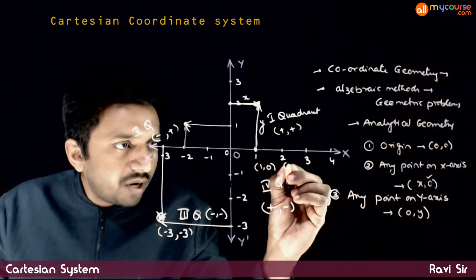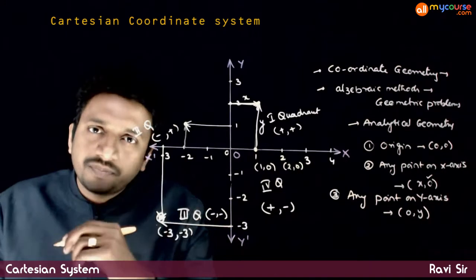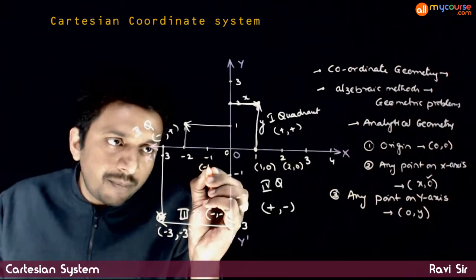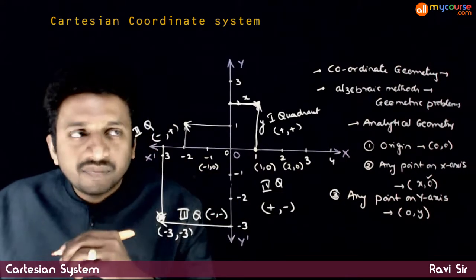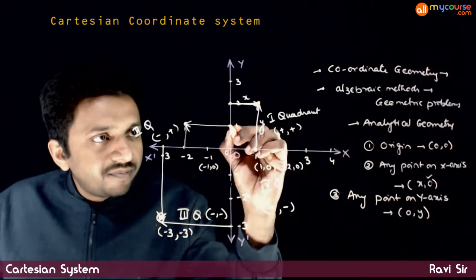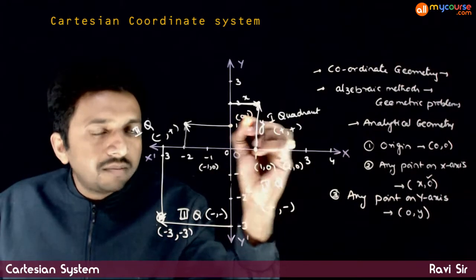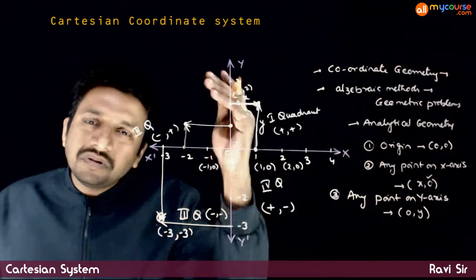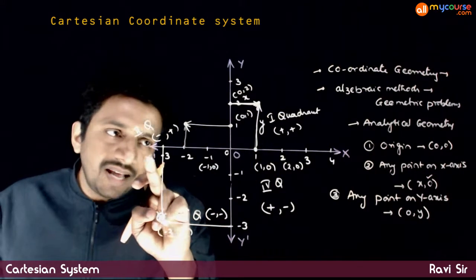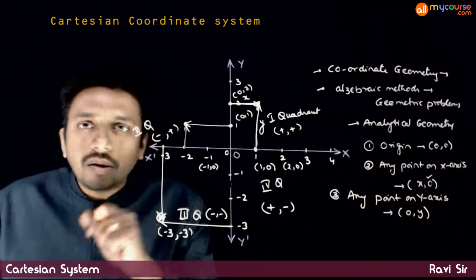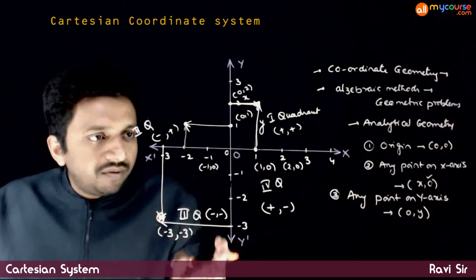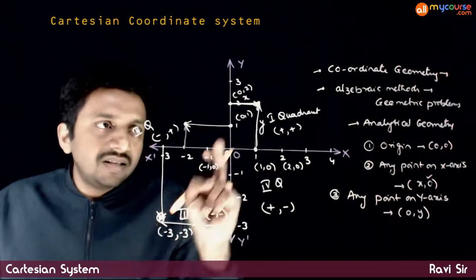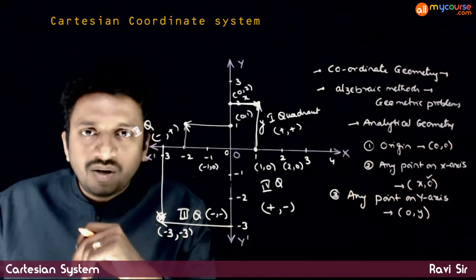The coordinates of this point will be 2, 0. The coordinates of this point will be -1, 0. The coordinates of this point will be 0, 1. The coordinates of this point are 0, 2, and so on. So if you take any point on the x-axis, the y coordinate will be equal to 0. If you take any point on the y-axis, the x coordinate will be equal to 0.